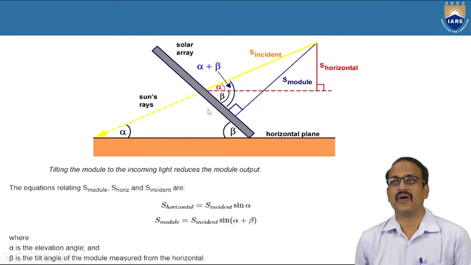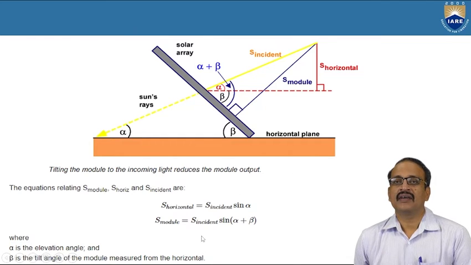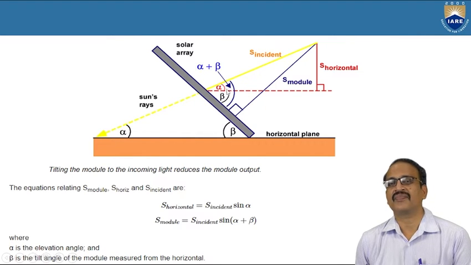And how we are going to get the total is S module is equal to S incident, that is sine alpha plus beta. So from this angle, here to here, this is beta, and this to this horizontal line, this is alpha.